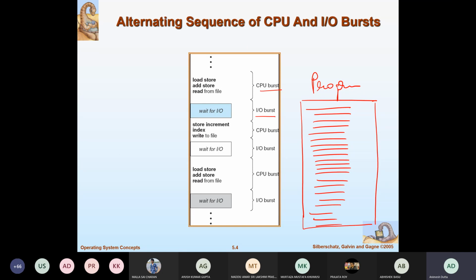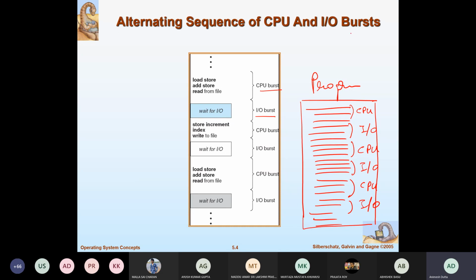If you look at a very micro level, you will find that some of the instructions will be executed by the CPU. Some of the instructions need some IO. Again CPU, again IO, again CPU, again IO. So it's an alternating sequence of CPU and IO, CPU and IO.